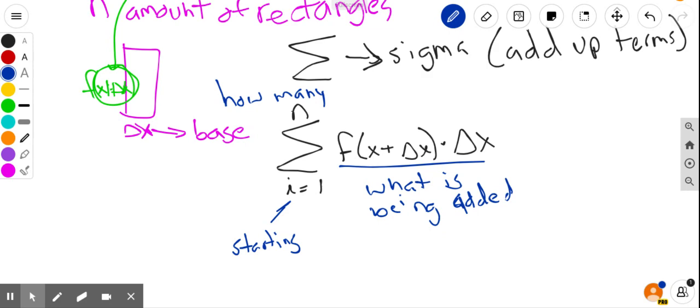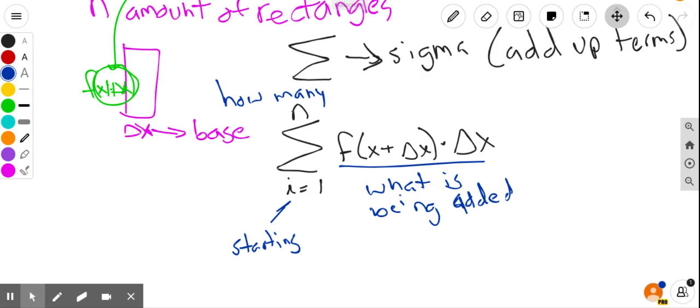Ideally, for the amount of rectangles I have, I want to have as many rectangles as I possibly can, because the more rectangles I can divide that image into, the better my estimate will be. So, as a result, I want to have n be as many as possible to continually keep increasing.